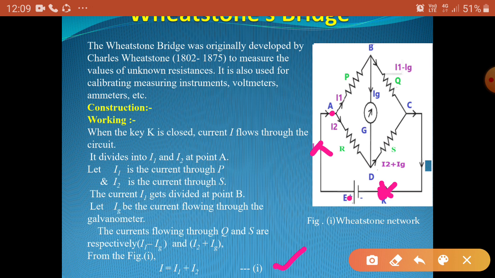I is equal to I1 plus I2. That's why we can represent it here. This is the junction. Currents I1 and I2 go away from the junction.